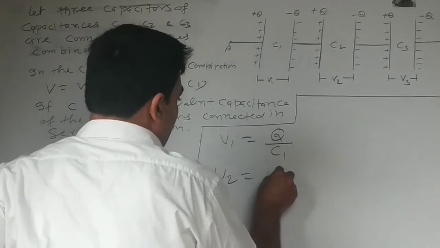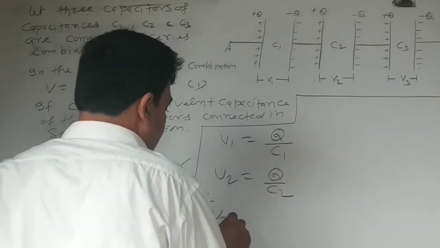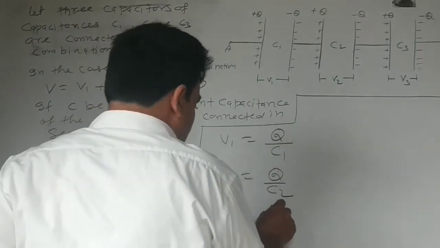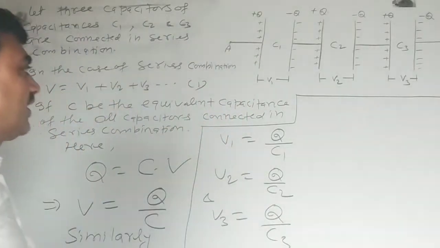V2 is equal to Q upon C2, and V3 is equal to Q upon C3.